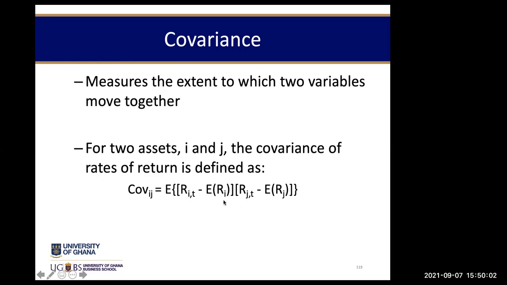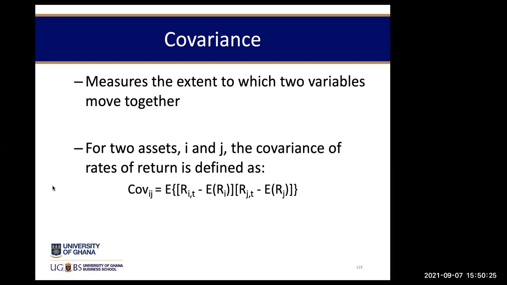What is this? This is a deviation. That's what we just did. Remember when you're finding variance and standard deviation, this is what we do: the return of the asset minus the expected return. Do you remember? Yes, sir.